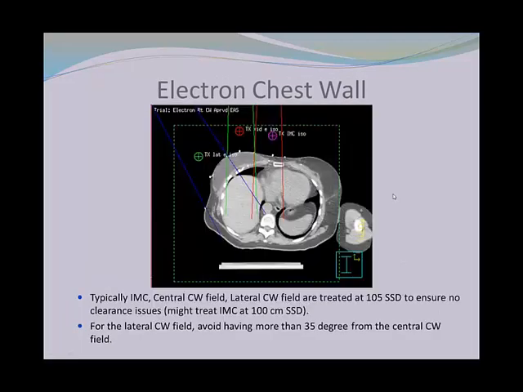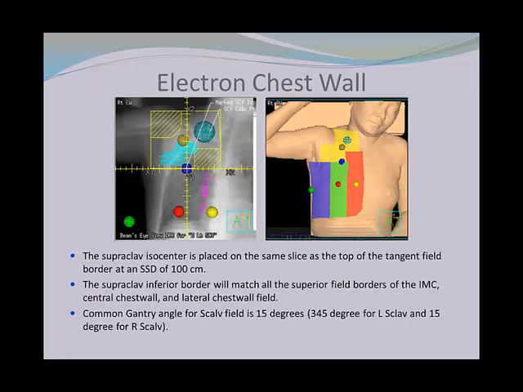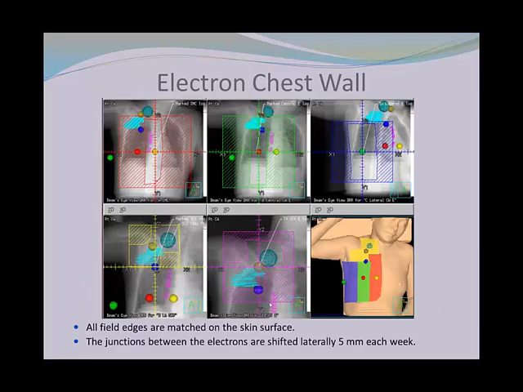So here you have the dose distribution. Our goal is to have the IMC, central and lateral chest wall covered by 90% of the prescribed dose. So again, we want to make sure that the 45 gray line is covering the chest wall just interior to the ribs, and we want no hot spot greater than 15% above the prescription dose.